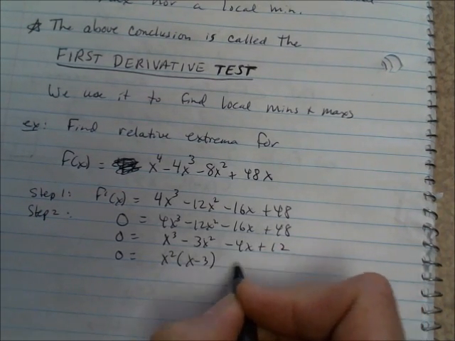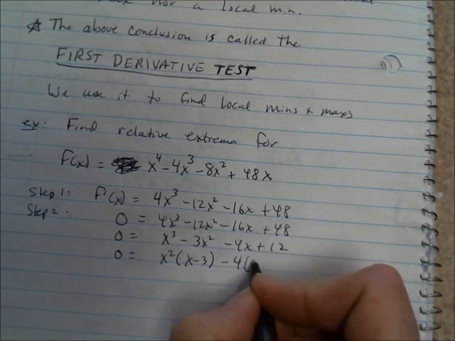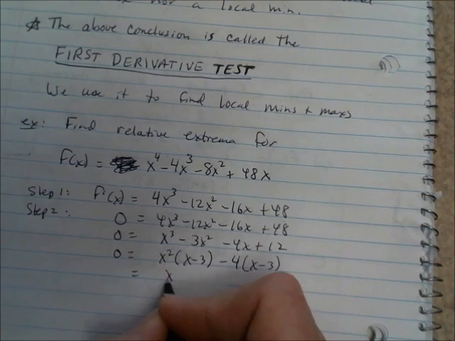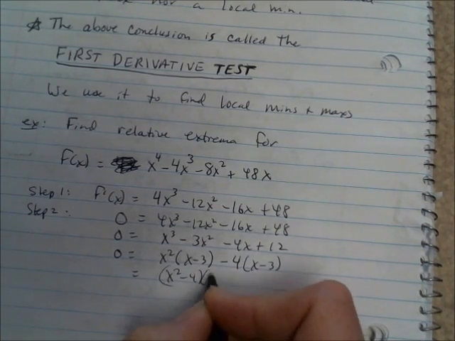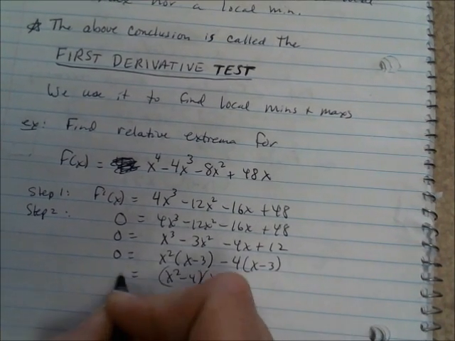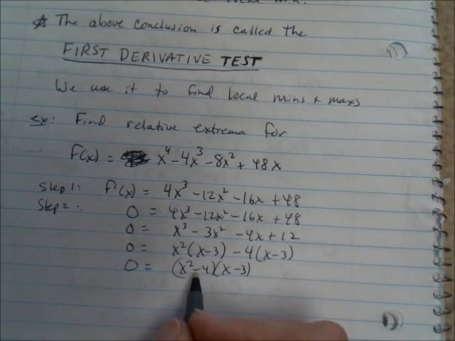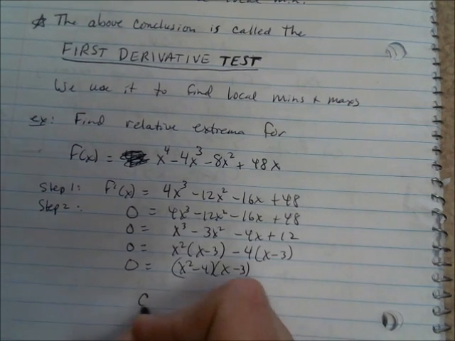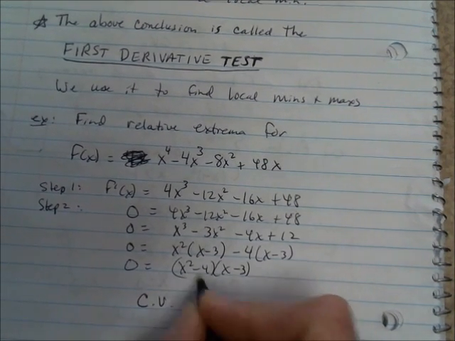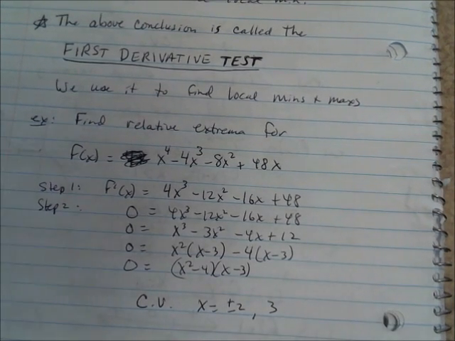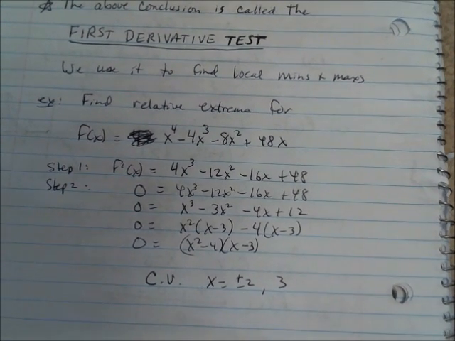And taking out a negative 4 in the other two terms, you're left with x minus 3. So what you have is x squared minus 4 times x minus 3 is equal to 0. And then if you wanted to factor this out into x plus or minus 2, you could, but hopefully you know that the critical values are x is equal to plus and minus 2 and x is equal to 3. So there are 3 critical values in this particular problem.